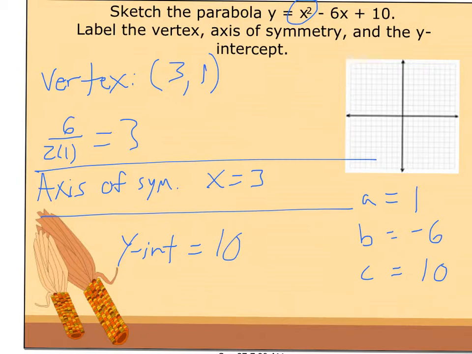Okay? Little bit tricky here to try to give you a good, accurate graph, but I'll do the best I can here. The vertex is, well, let's see, somewhere right around 3, 1.